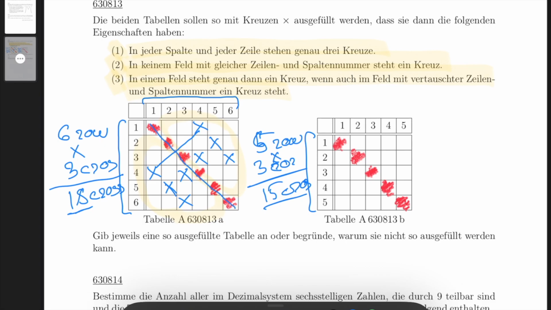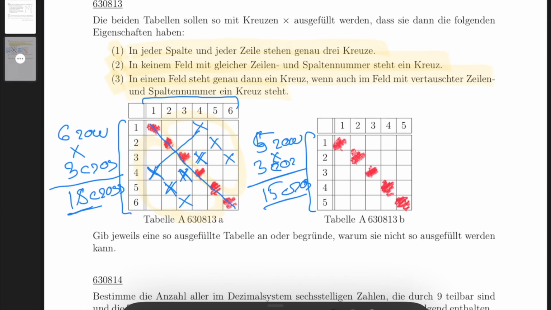So what we learned from this is that the number of crosses, to make it work, should be even, right? It should be divisible by 2. Why?